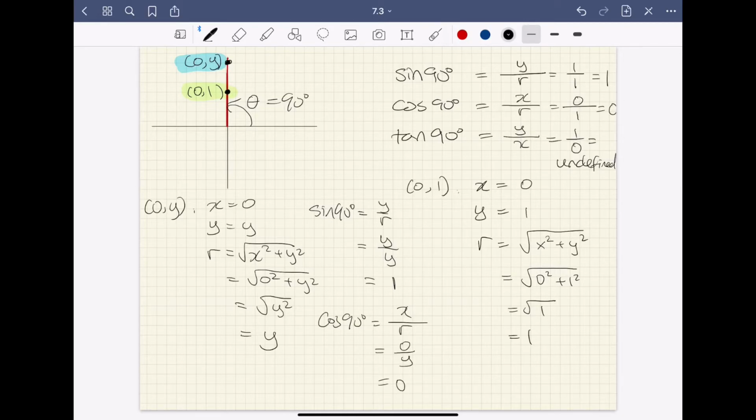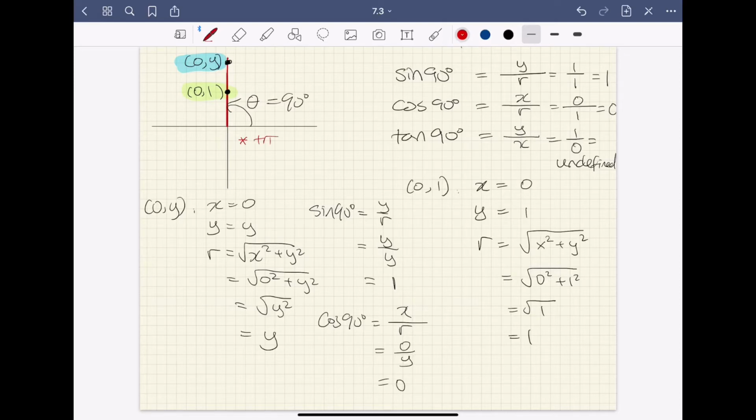And tangent is the same. I just don't have enough space to write it. So here we know that it doesn't matter which point we use on the terminal arm, the three trig ratios will always be the same. Okay, let me write that down here.